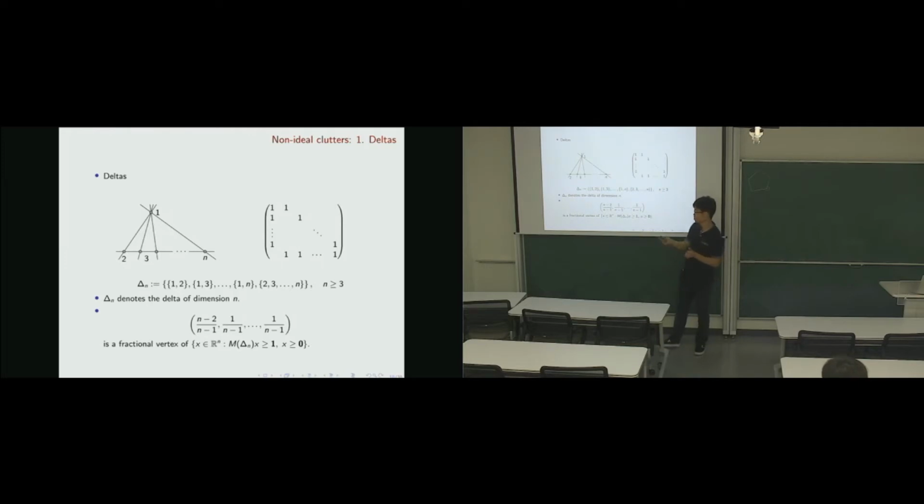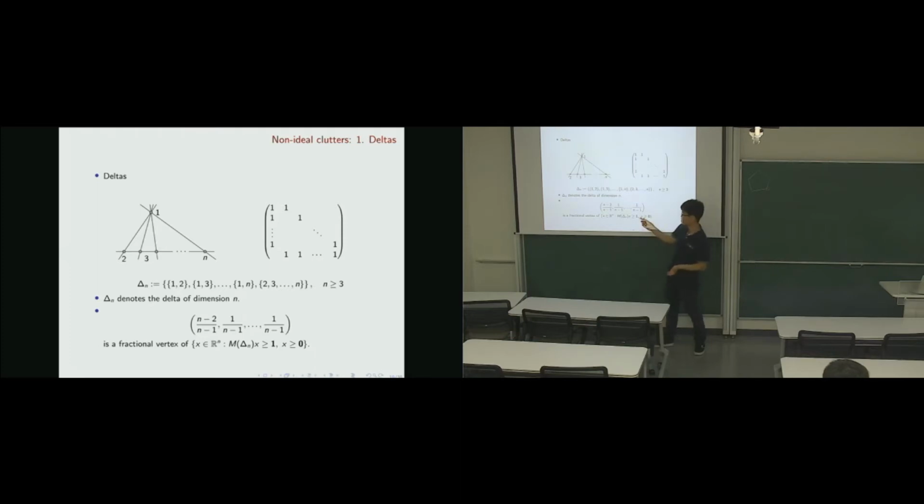Okay, so I say a point is a vertex or an extreme point if it's tight at some inequalities. Tight meaning these inequalities become equalities, and then those define hyperplanes, and you can find n linearly independent hyperplanes.